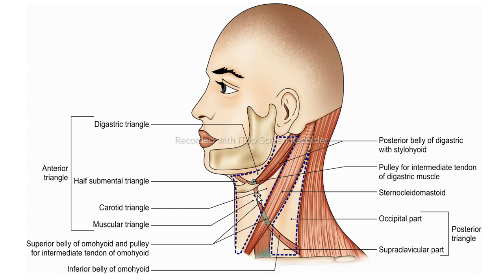Here is the superior belly of the omohyoid, the intermediate part, and the inferior belly of the omohyoid goes below the trapezius muscle, and it originates from the suprascapular notch, just beneath the suprascapular notch.